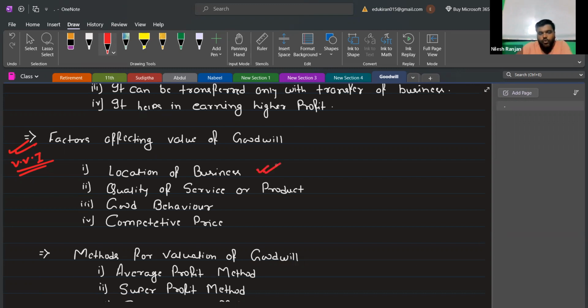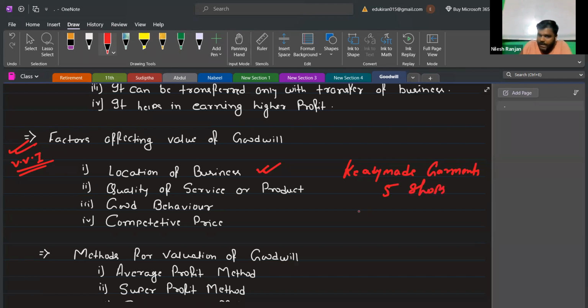If your shop is at the starting of the market, then most of the buyers will visit your shop for that product. Let's say your shop is of clothes. You sell ready-made garments, and there are a total of 5 shops in the market.